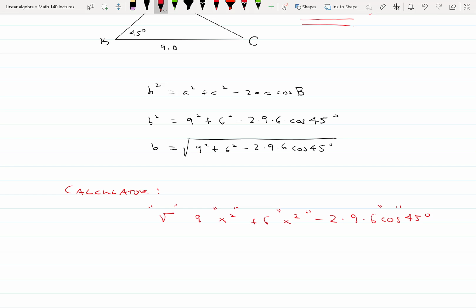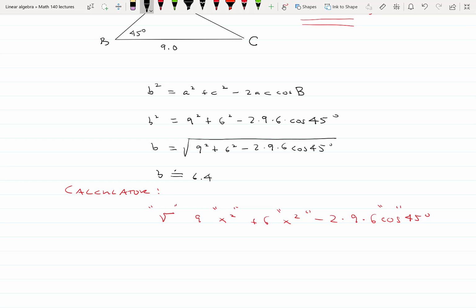Your calculator will compute this in one fell swoop. If you do this computation, maybe round to 1 decimal place of accuracy, you have B is approximately 6.4. My calculator gave me 6.37436, etc. So about 6.4.